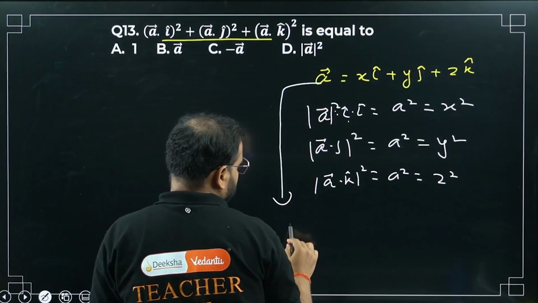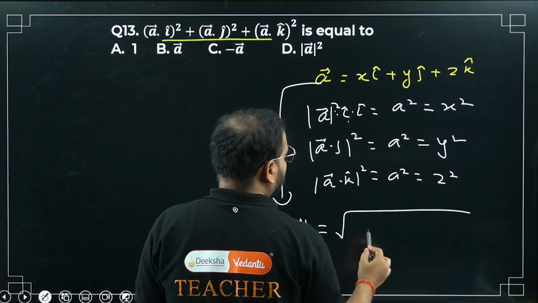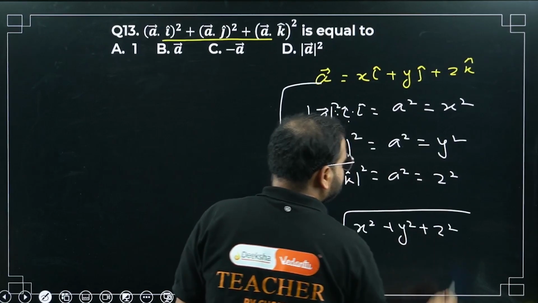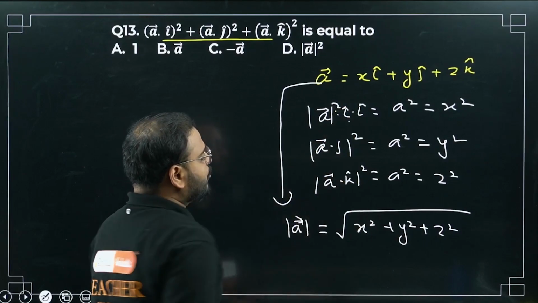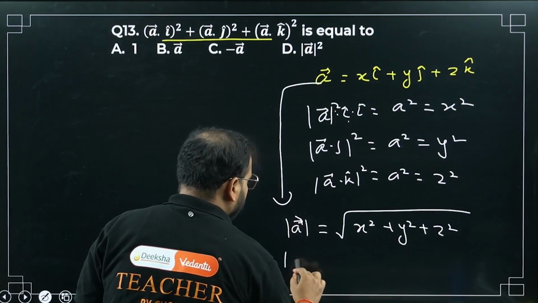If I write it like this, mod of A is equal to root of X square plus Y square plus Z square. Correct, na? Magnitude of A from here will be root of X square plus Y square plus Z square. Now if I take the whole square, what am I going to get?